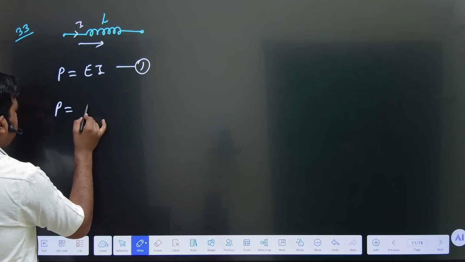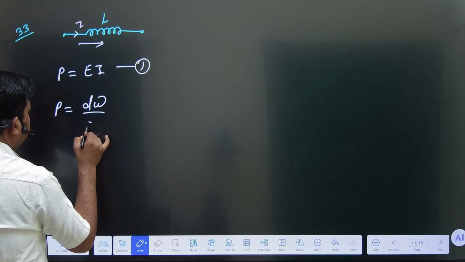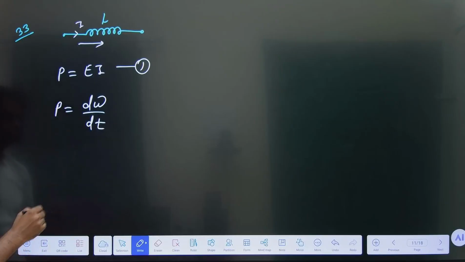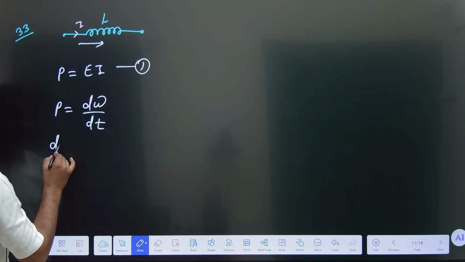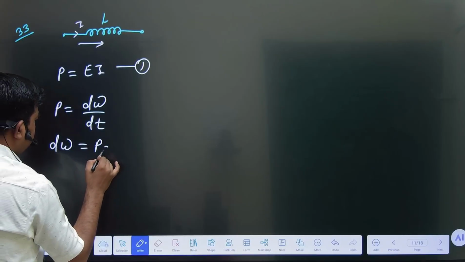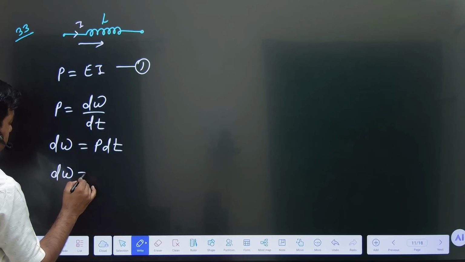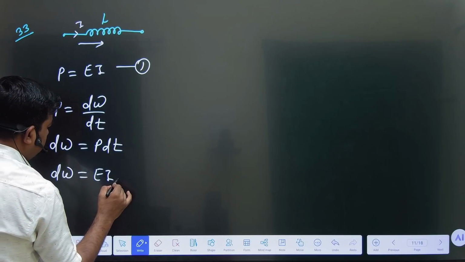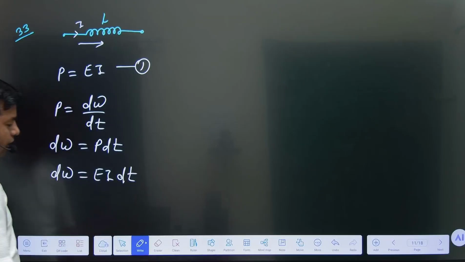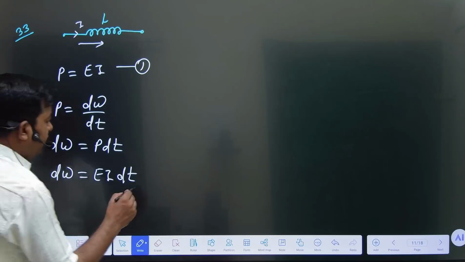Now, what is the power? We know that power equal to dW by dt, the rate of work done. So dW equal to P dt, and now we write the value of power: dW equal to E I dt. What is the magnitude of the induced EMF in the inductor?